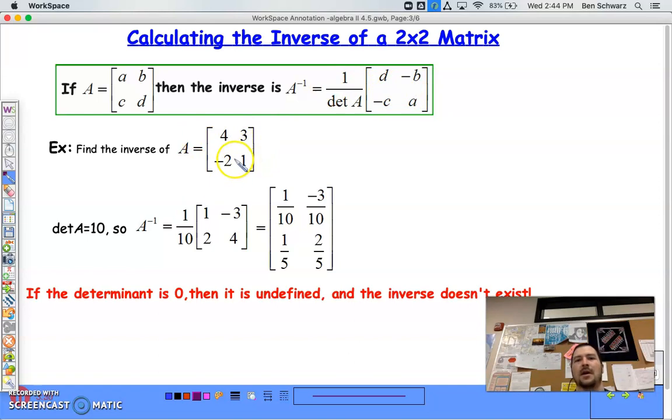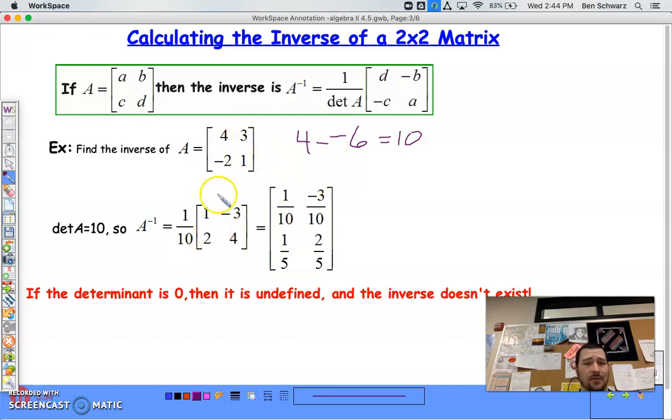So here's our matrix. First thing we need to do is take 1 divided by the determinant. So remember the determinant, we multiply the main diagonal. So 4 times 1 is 4 minus the other diagonal, negative 6. And that gets us 10. Okay, so our determinant is 10. So 1 over 10. And then we took this matrix, we moved the 1 and the 4 around, and we switched the signs here.